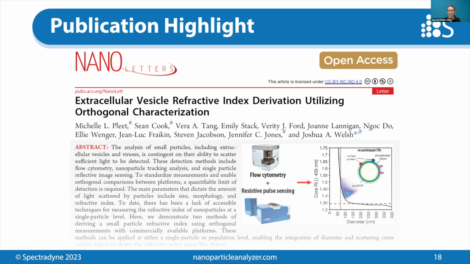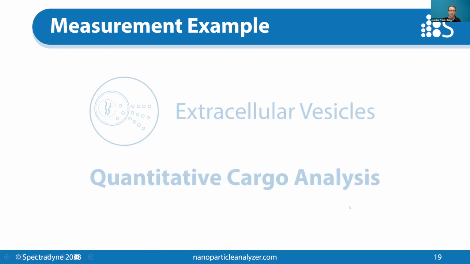So what they did here was combine conventional flow cytometry in the form of the CytoFLEX instrument here with Spectradyne's ARC particle analyzer to derive new information, namely the refractive index of EVs in this sample as a function of size. So this is a cool paper. I encourage you to go check it out.